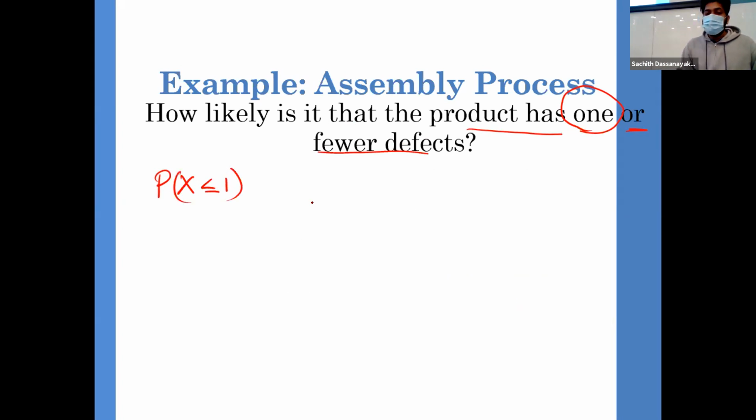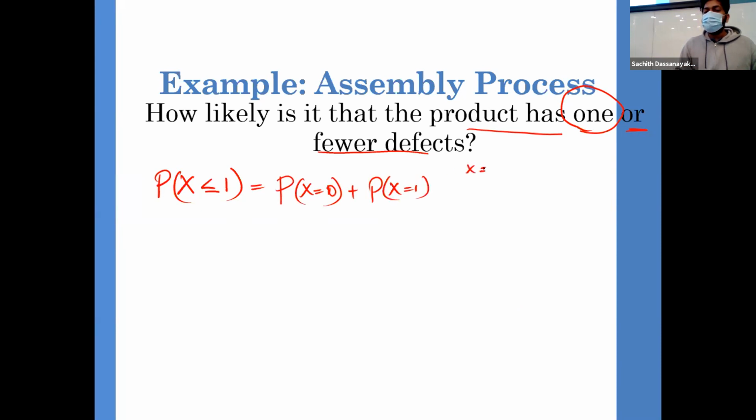Clear? Since we are considering a discrete variable, the sample x starts from 0. So the probability of capital X equals 0 plus the probability of capital X equals 1, right?